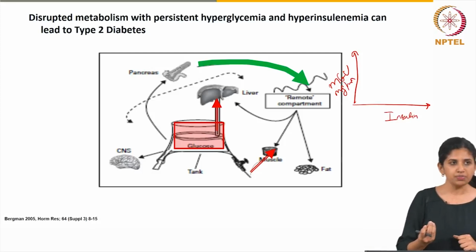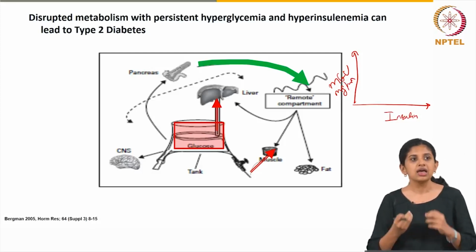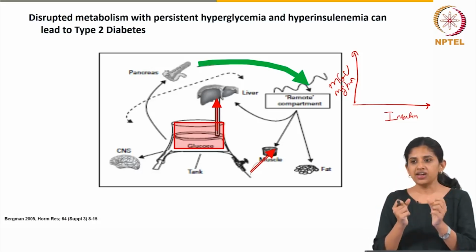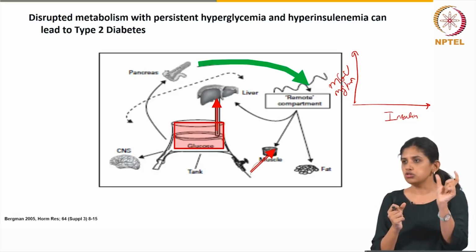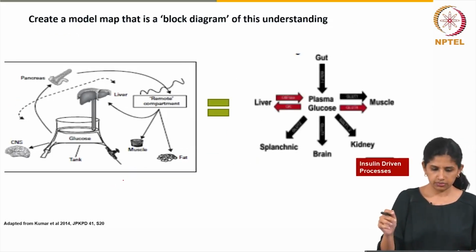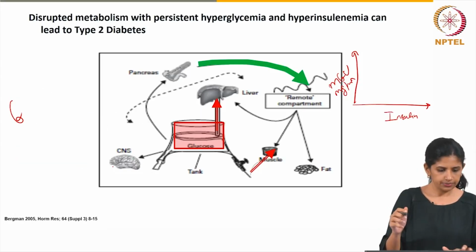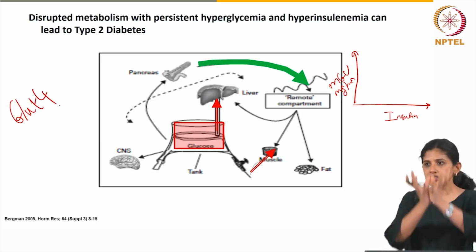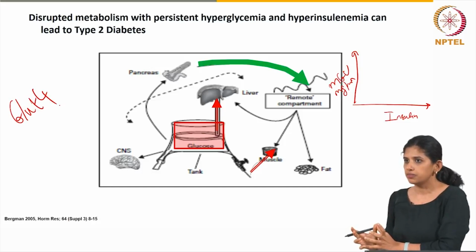What really happens in the biological pathways is insulin signals for the muscles to activate receptors for glucose. These are called the GLUT4 receptors, and these receptors capture the glucose and take it inside the muscle.